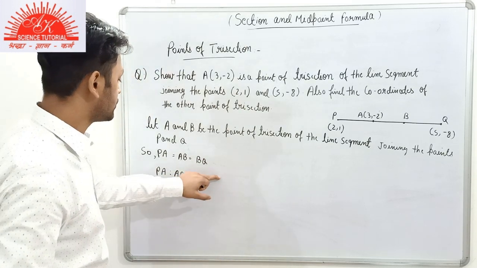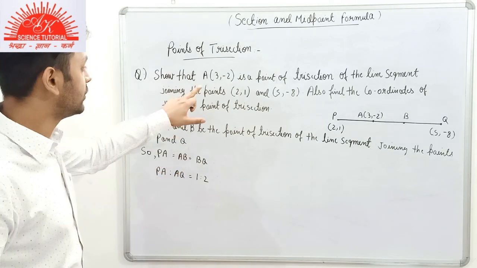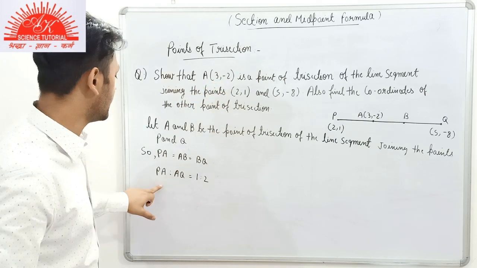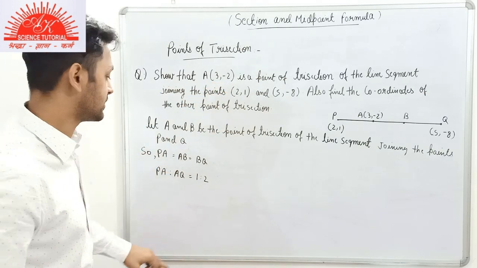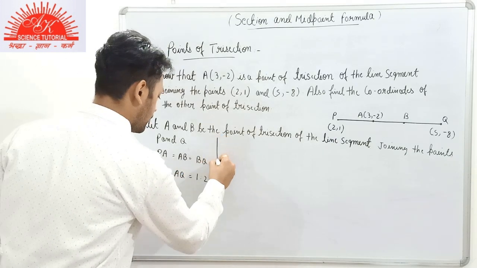Now on the basis of this ratio, we will find the coordinates of A. And if the coordinates of A are (3, -2), then we can say that A is a point of trisection. So let's find the value of A by using this ratio.